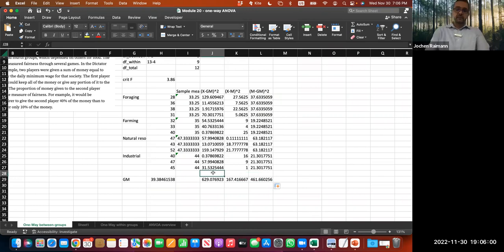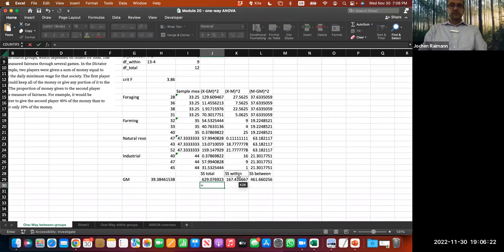So now we have a sum of squares total, a sum of squares within, and a sum of squares between. These three values are arithmetically interrelated, because the within and the between add up to the total. So if I wanted to calculate the total sum of squares, it would be the sum of these two.